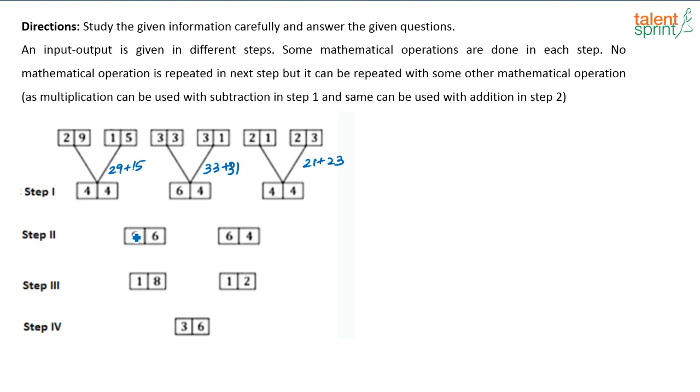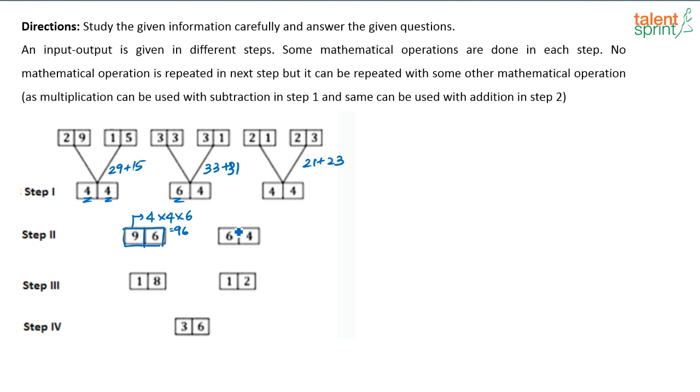The logic used here is, to arrive at this first number, I am doing 4 into 4 into 6. The first three numbers in step 1, I am just multiplying them. 4 into 4 into 6. 4 4s are 16, 16 6s are 96, correct?